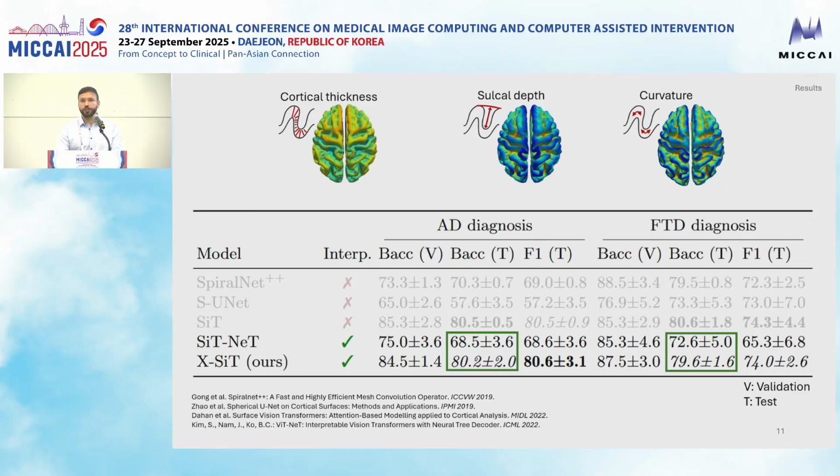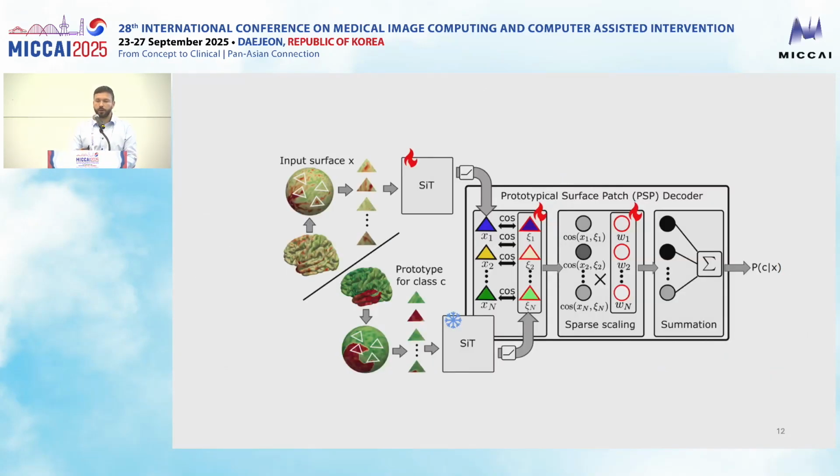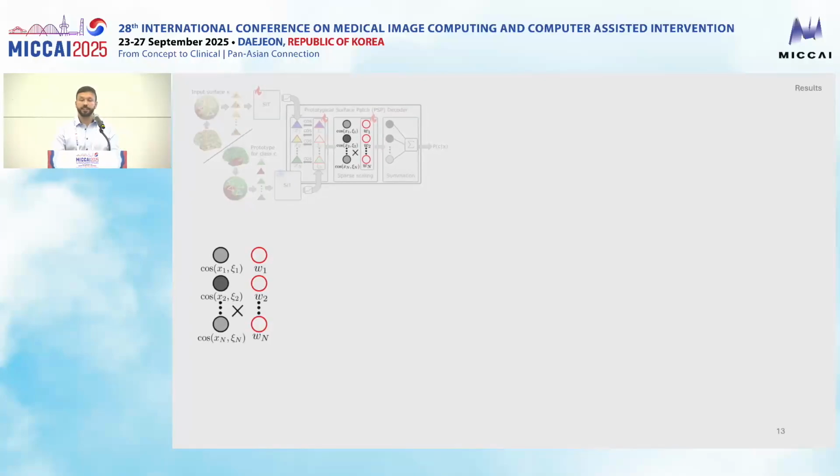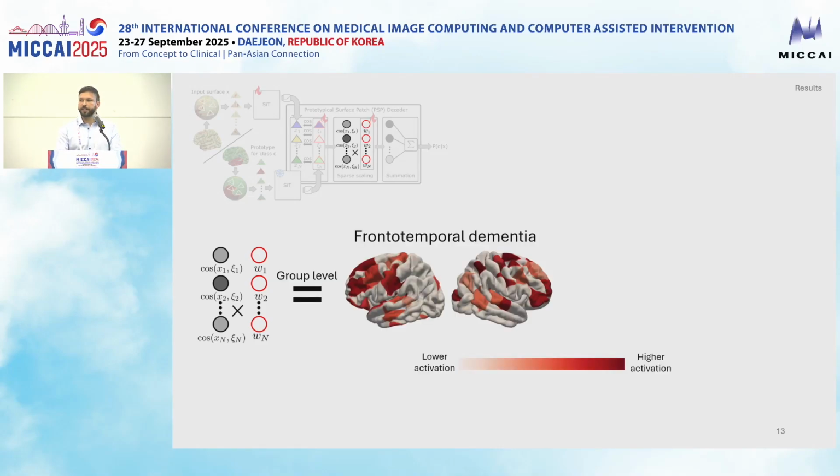But in addition to the prediction, we also obtain several explanations. When we recall our architecture, we can, for example, look at the weighted similarities, which provides some explanation about the decision-making of our model. If we aggregate those across all the frontotemporal dementia cases in our test set, these are the maps that we obtain.